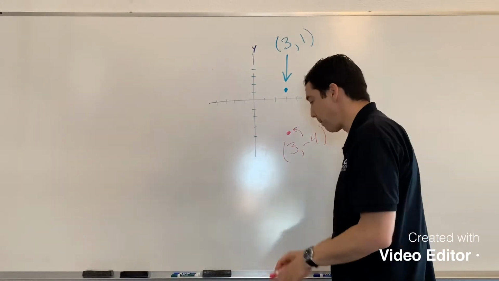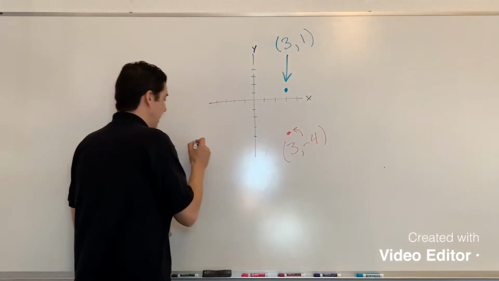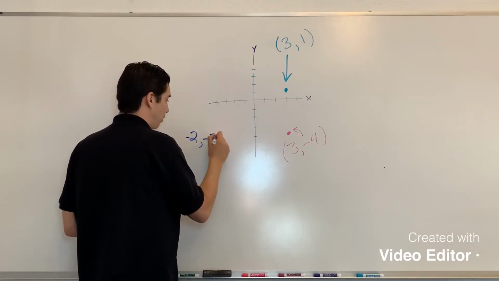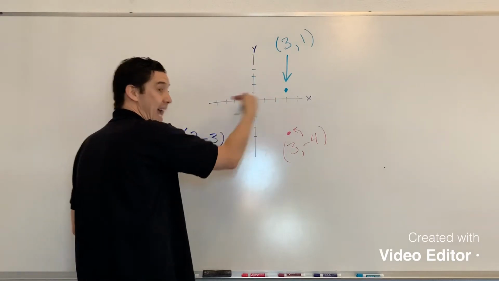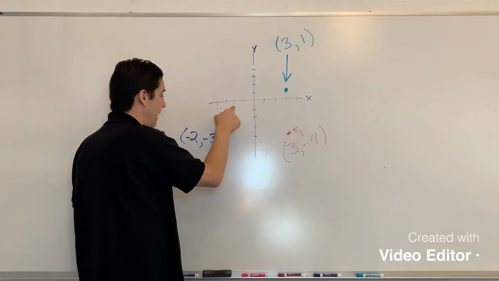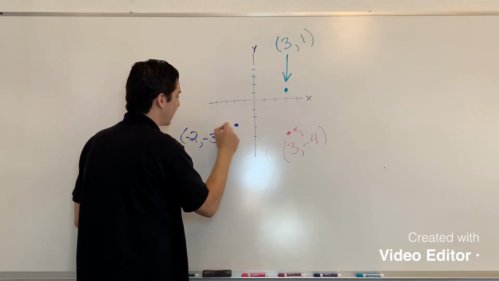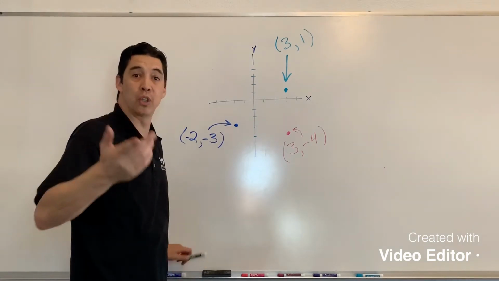All right, just one more. I'm guessing you understand this by now. But if we had the point negative 2, negative 3, sorry, I couldn't think of a number. Negative 2 is the x-axis, 1, 2. Negative 3 is the y-axis, down 3. And right there is your point, negative 2, negative 3. All right, obviously you need to be able to do it backwards.